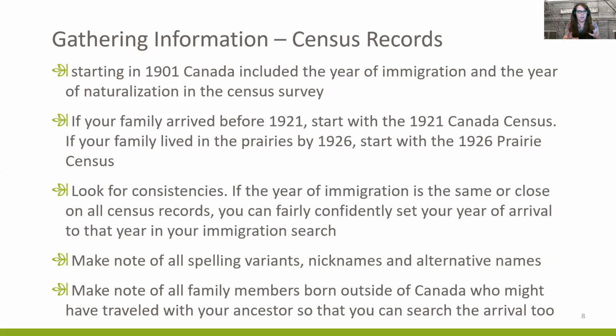And if it's a family group, make note of the parents and all the siblings, their ages and their names, because if you can't find who you're looking for in the immigration records, you might be able to find a sibling or a parent that would lead you to the passenger list that shows your ancestor on it. So there's all kinds of information that you can obtain from the census documents.